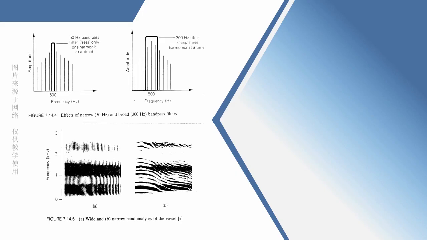There are two kinds of spectrograms. By simply varying the width of the input window, one could obtain the so-called wideband and narrowband spectrogram.